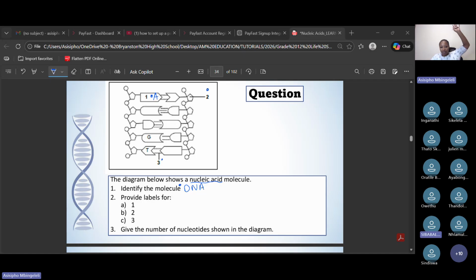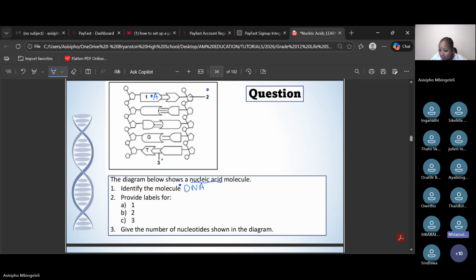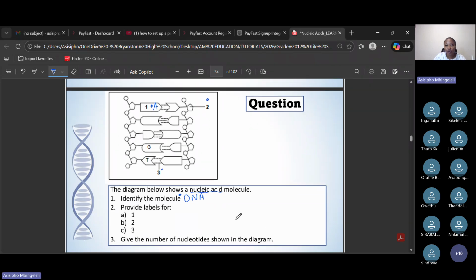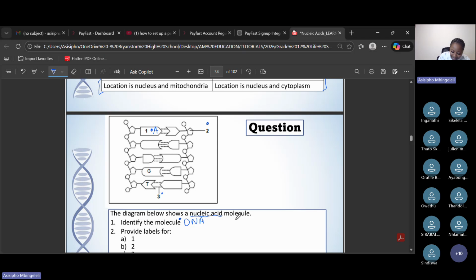Nklamulo, can you give us 2, please? Ma'am, is it phosphate group? Phosphate group. Let us look, Nklamulo. So in a nucleotide, we find 3 parts. So this is the nucleotide.